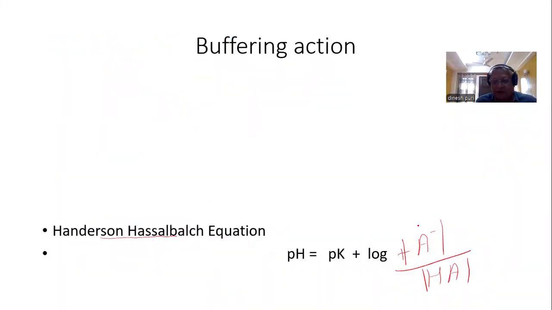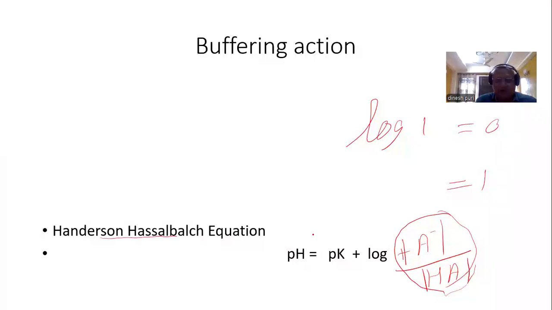So here in this equation you see, if the concentrations are equal, this ratio becomes equal to 1. And what is the value of log 1? It is 0. So the equation becomes pH is equal to pK plus log of 1, that is 0.